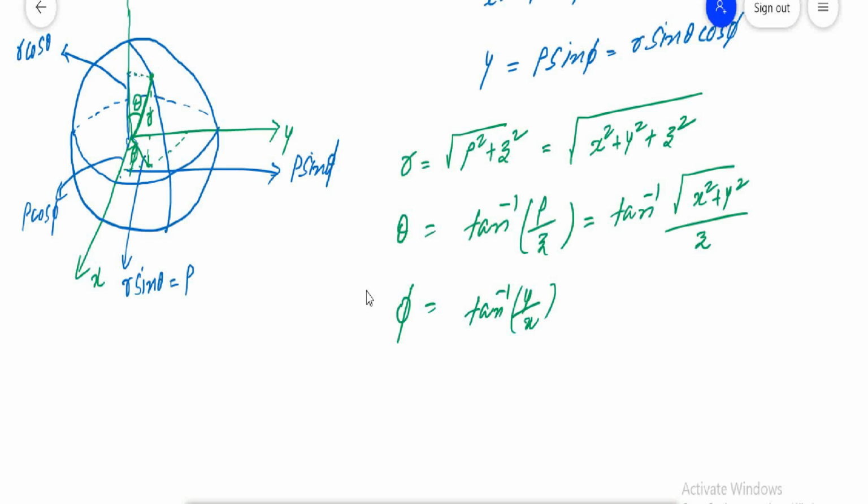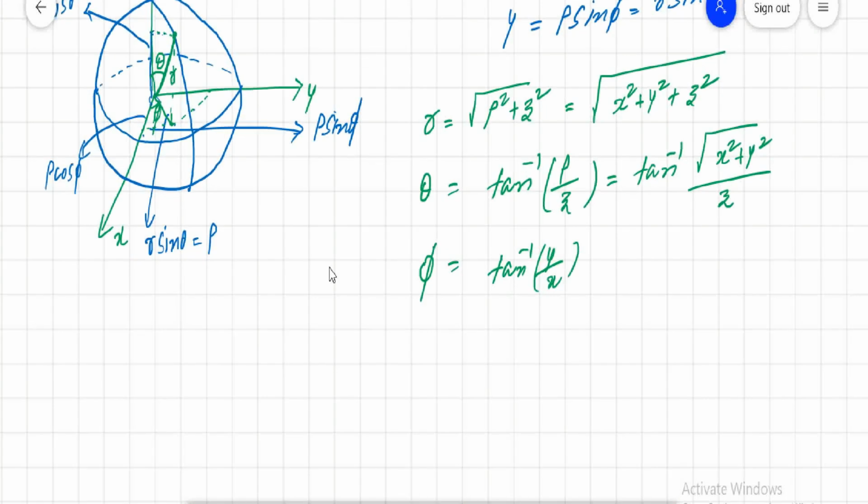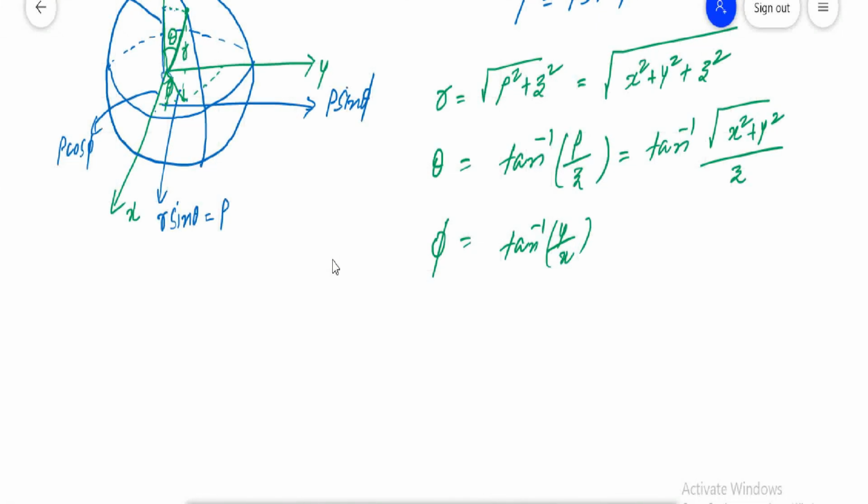So this is your spherical coordinate system. In the spherical coordinate system, what do we have? We have r, theta and phi. If you consider the relation with respect to the dot product, here r, theta, phi are perpendicular to each other.